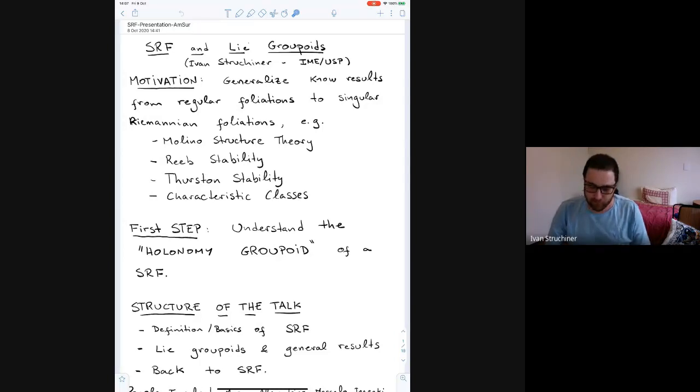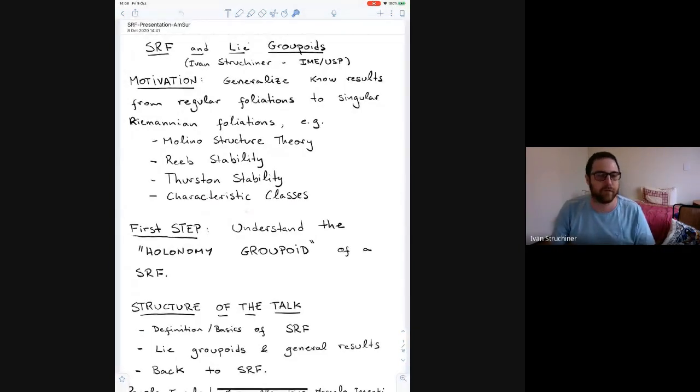Why we want to study this. Our original motivation is to try to generalize known results from regular foliations. I'll tell you what foliations are very soon, but regular here just means that all the leaves of the foliation have the same dimension, to the case of singular Riemannian foliations. Some of these results are, for example, the Molino-Struchiner theory for regular Riemannian foliations, or the Reeb stability theorem for regular foliations, and then there are other stability theorems like the Thurston stability theorems, or developing characteristic classes for the foliations, and so on.